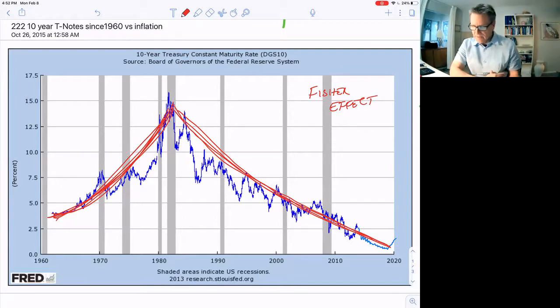So that's why the nominal interest rates on this 10-year have been falling for the last 40 years. And as a result, interest rates falling means bond prices going up. Bond prices have actually been a fairly good investment for the last 40 years or so, since 1982 or 83. As these interest rates have fallen, the bond prices have been going up. It's hard to imagine them falling much further.